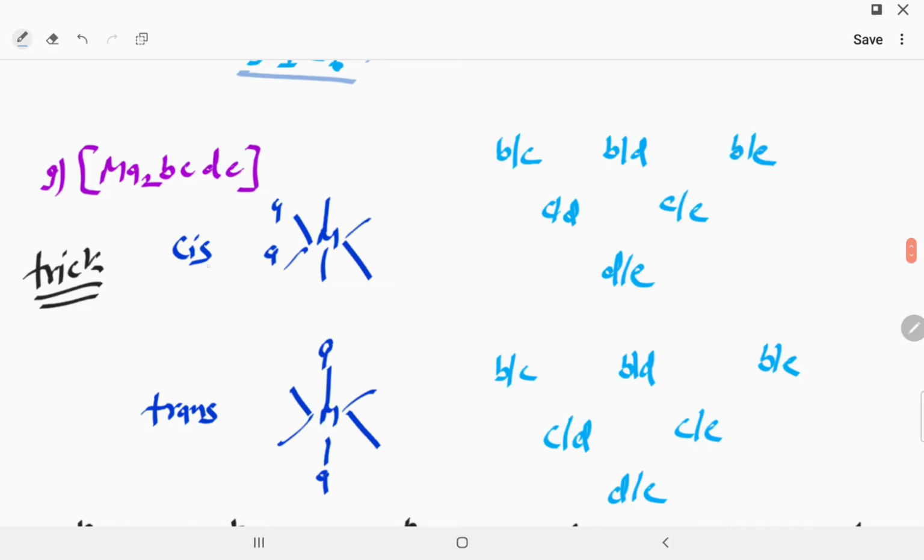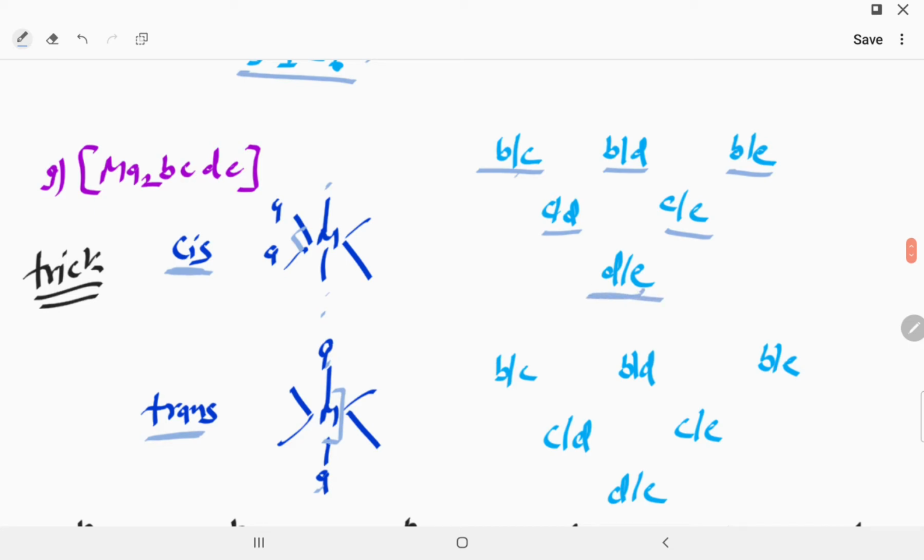One time we take AA in a cis position, one time we take AA in a trans position. When we take AA as cis, we can say BC trans, BD trans, BE trans, then CD trans, CE trans, then DE trans.